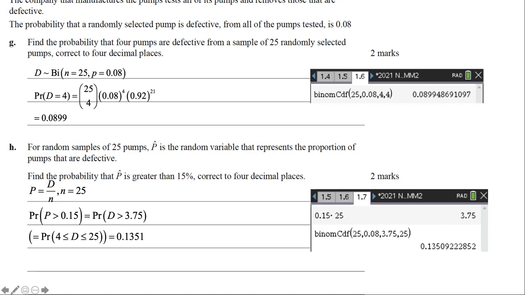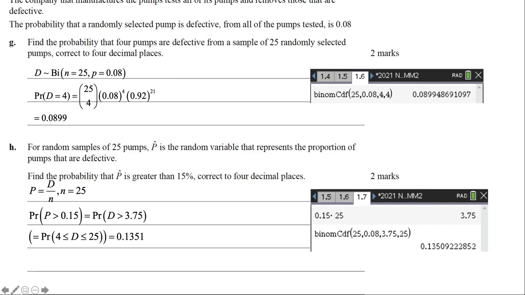So p hat is d over n, where n is 25. When p hat is greater than 15%, which is greater than 0.15, you can multiply this inequality by n. So the d here will be the number of defective items or defective pumps. It must be greater than 3.75. But we know the d value, or whichever letter you use, let's say x, must be a whole number because binomial distribution is a discrete random variable.